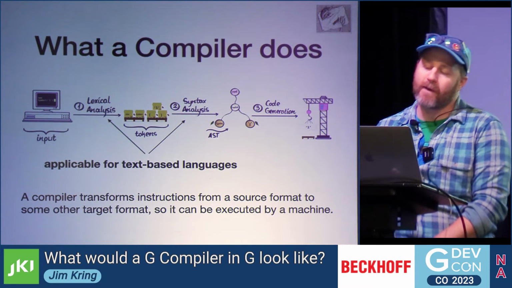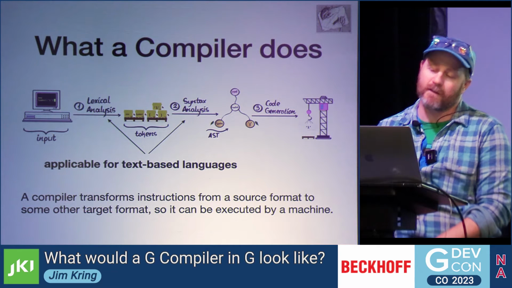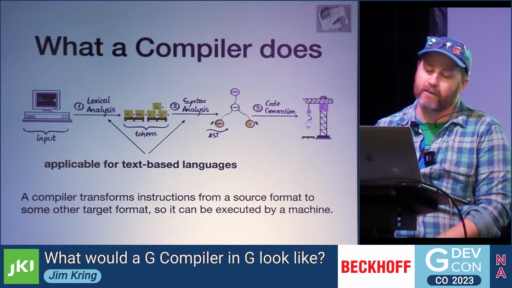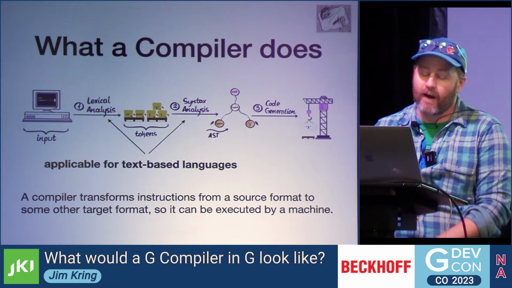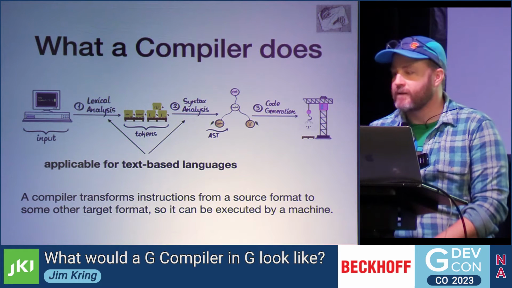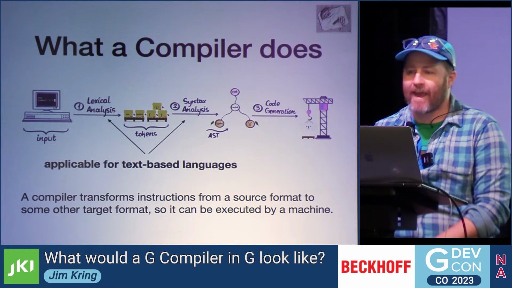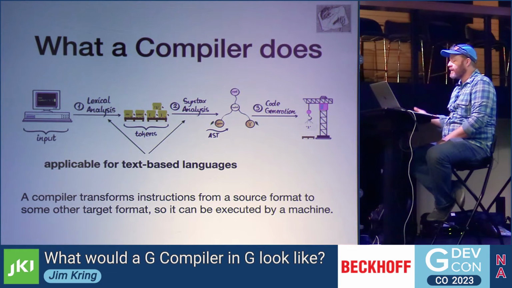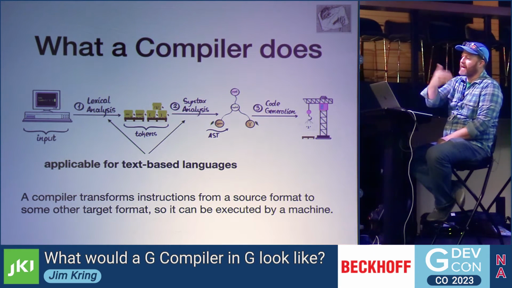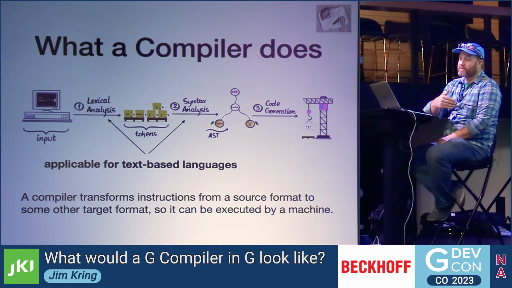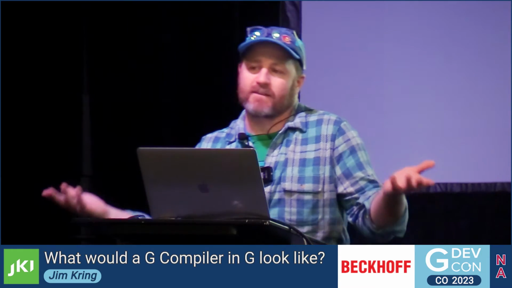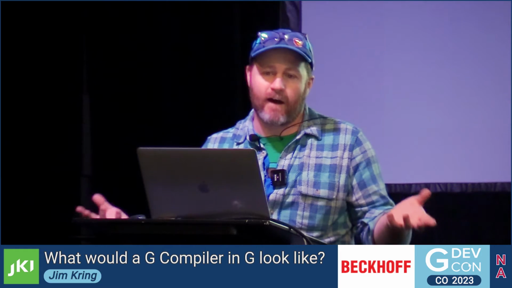So if we get back to this idea of what it would look like to create a G compiler in G, we're actually pretty fortunate that LabVIEW doesn't really have these upstream text-based parts. It's not text-based.